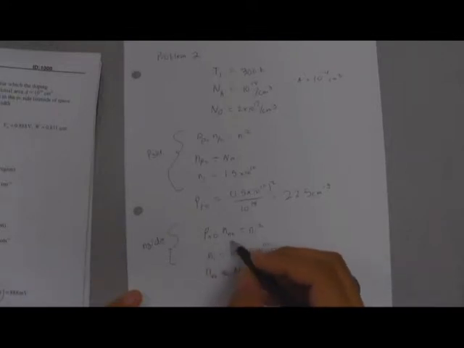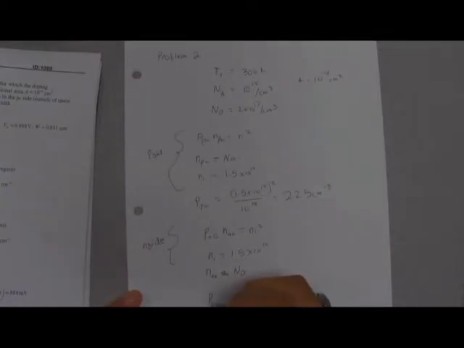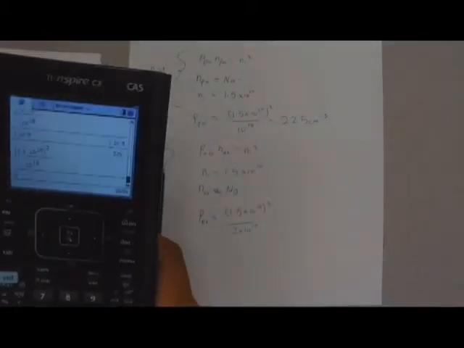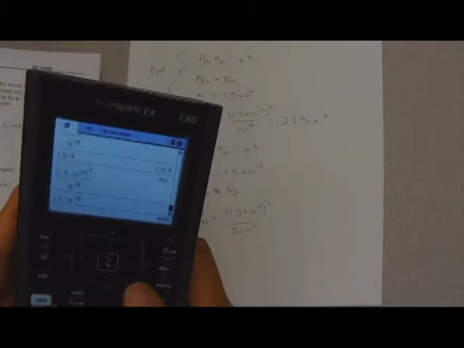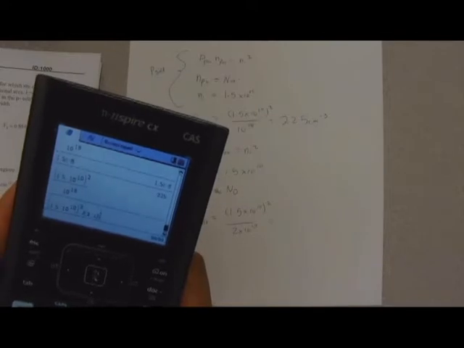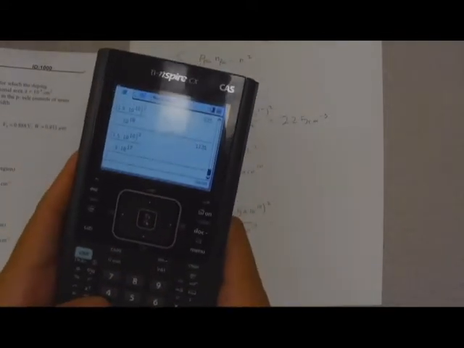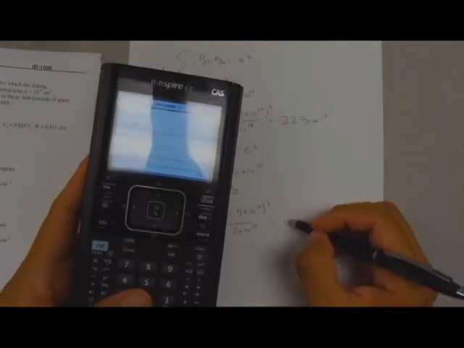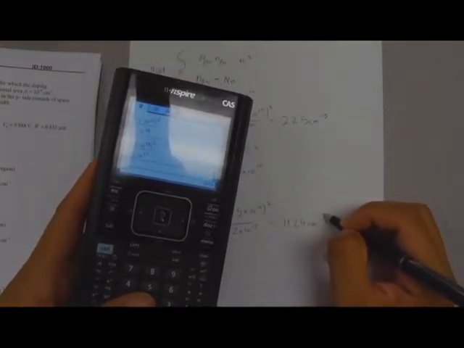So again, we're going to calculate the minority carrier concentration. p n0 is equal to 1.5 times 10 to the 10 squared over Nd, which was 2 times 10 to the 17th. It becomes 1.125 per centimeter cubed.